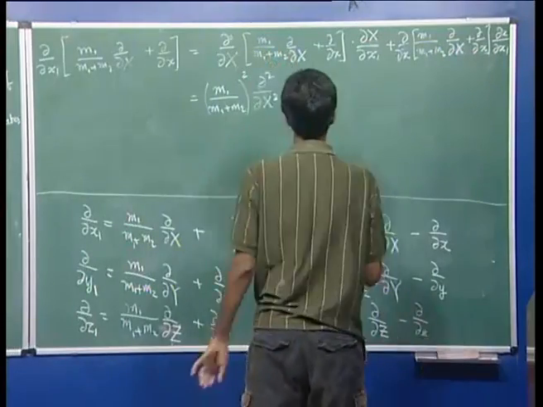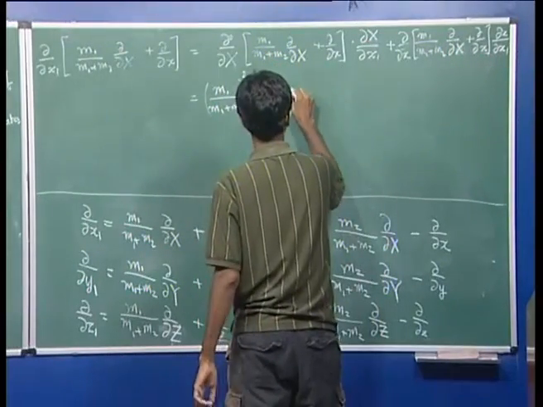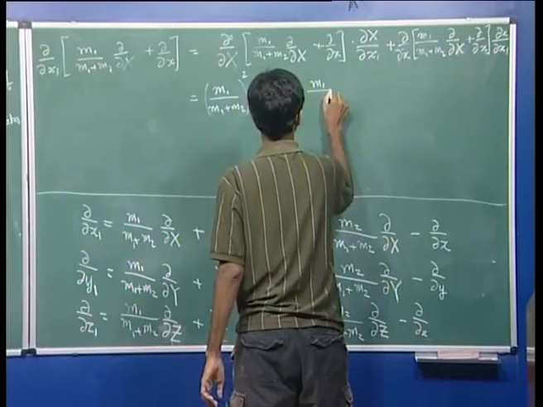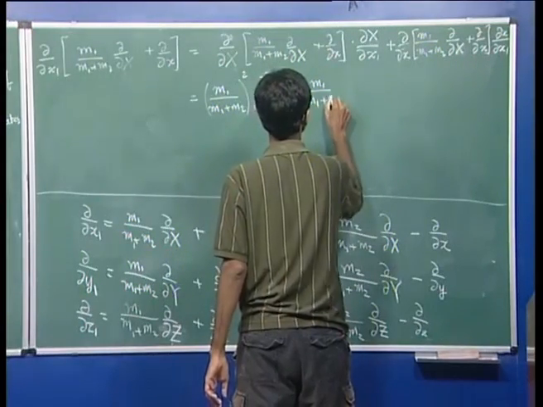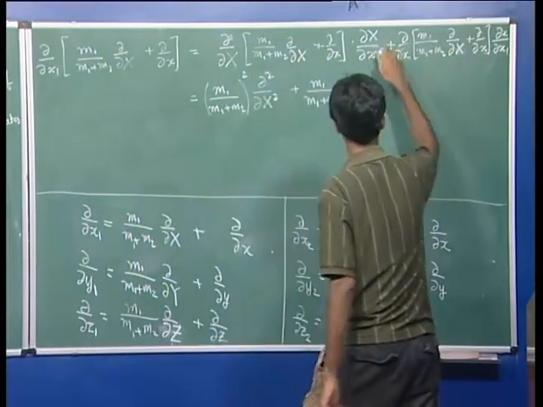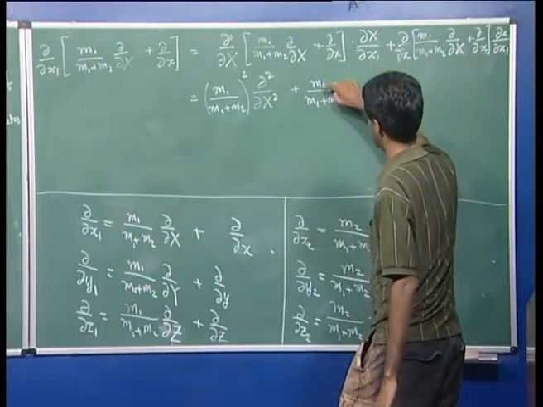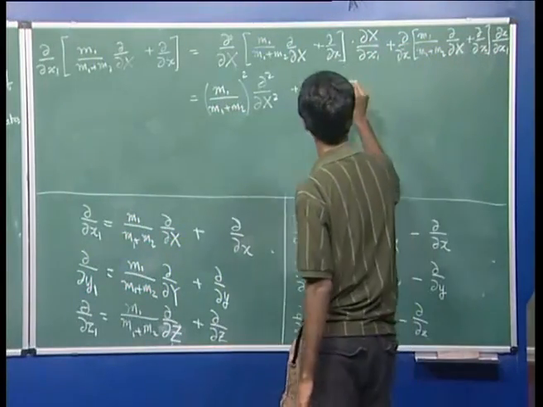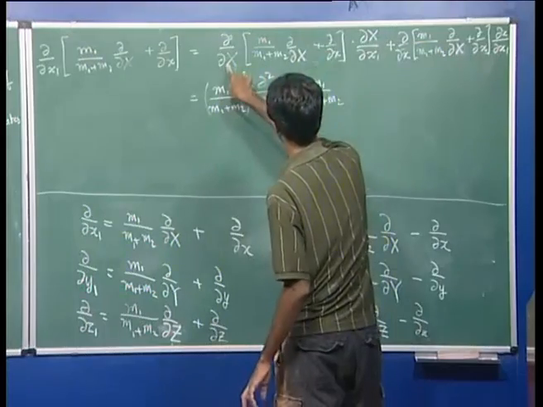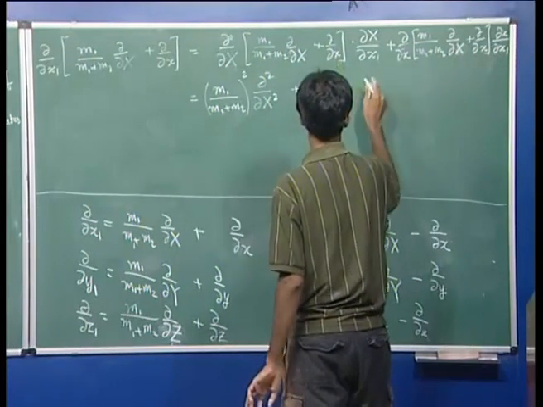That is the first term, and the second term will be m2. This will give me a quantity m1 over m1 plus m2, with one d by dX and one d by d little x.